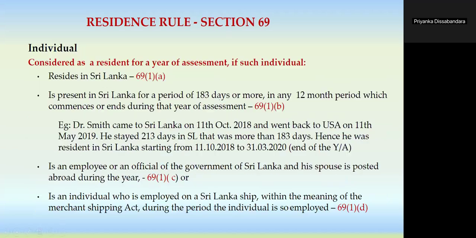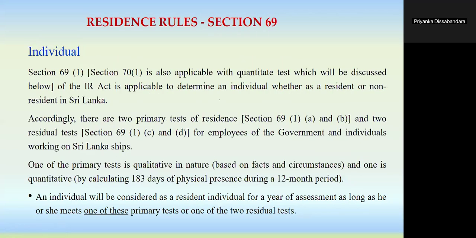the residual test. The primary test is defined under section 69, subsection 1, paragraph A and paragraph B. For the residual test, we have two paragraphs, that is paragraph C and paragraph D. The primary test can be considered in two aspects.